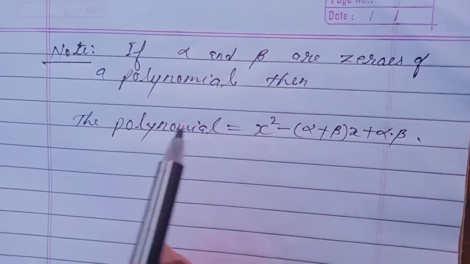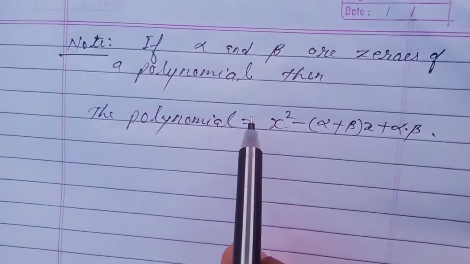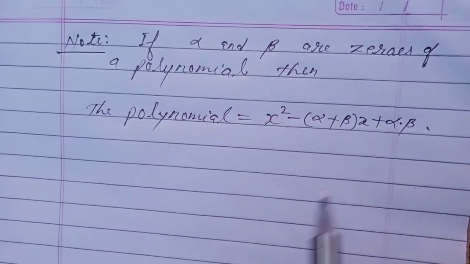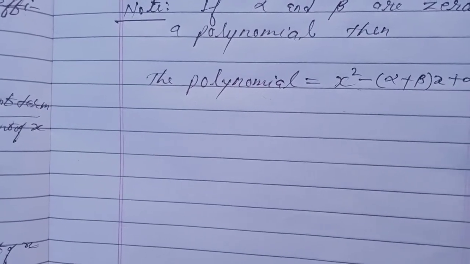Okay, if the zeros of the polynomial are given, then you can form the polynomial.